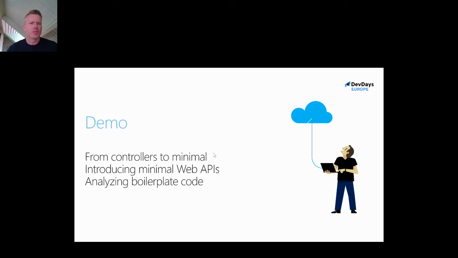And there we would do something with building the host, and building the host involved a number of steps. So it was configuration of the host, of the web host that does the actual web application part, and then you would run it. And the tricky thing, the special bit here, was the use startup.